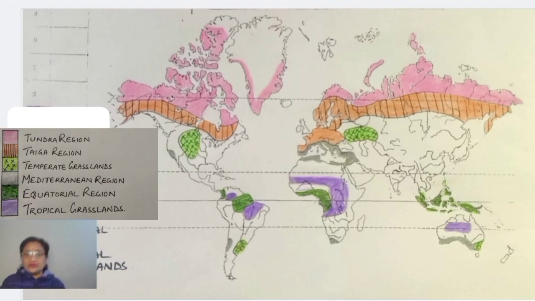So here we are talking about the tropical grasslands. You can see here the purple color is used for this. Now this type of grassland can be seen in South America. You can see a small part of it is lying here. Then some part of it is lying in this part, that is the northeastern side of South America.